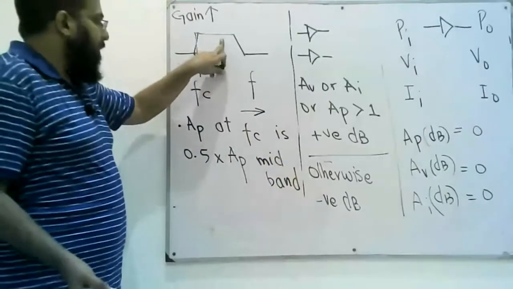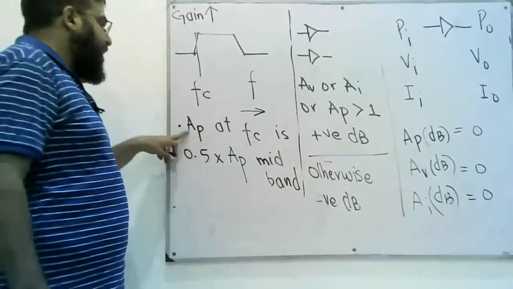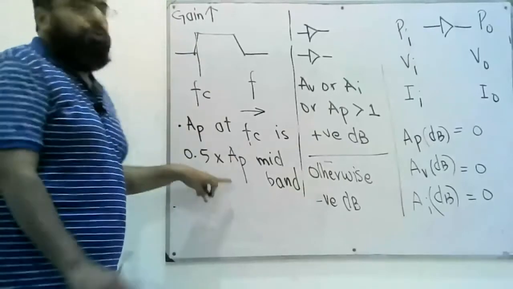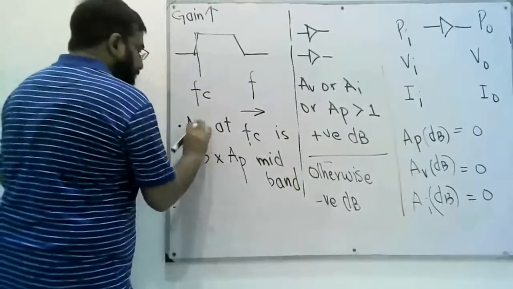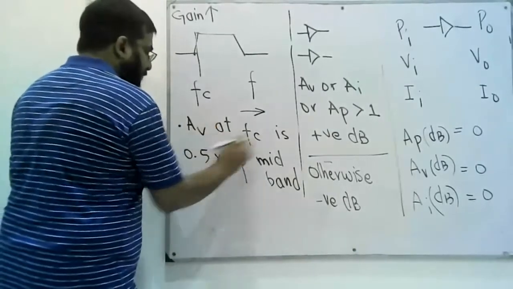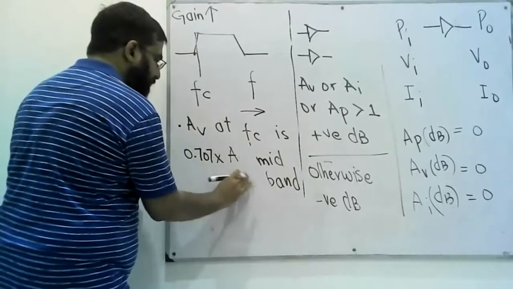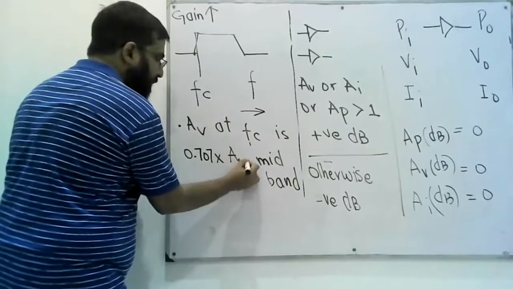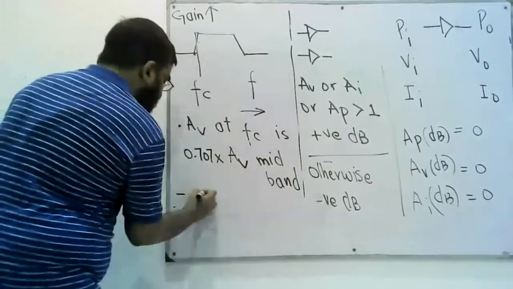And AV at Fc is 0.707 times AV in the midband.